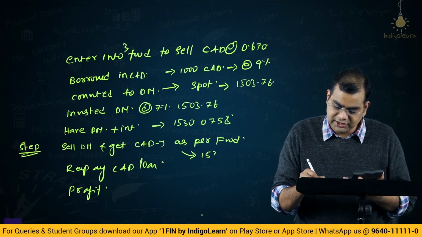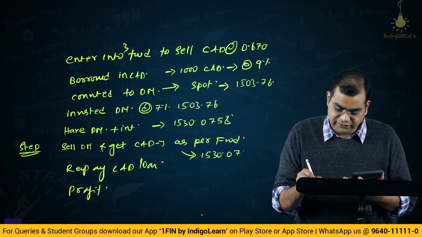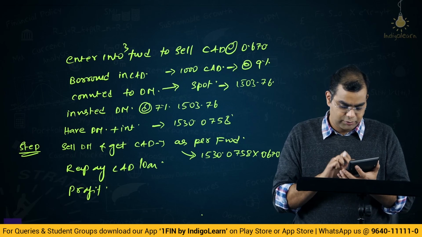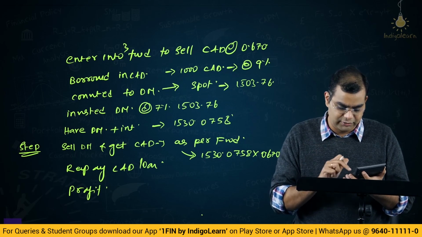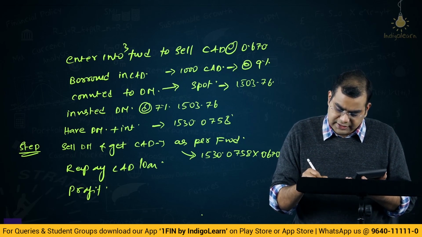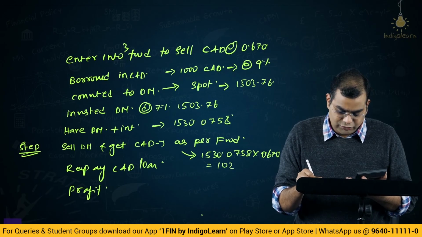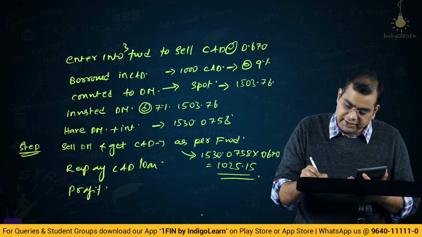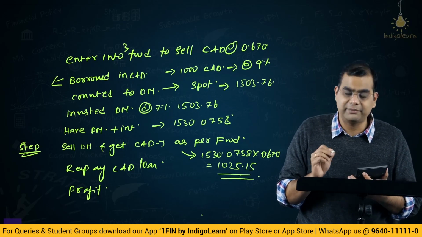Okay. Then you sell this DM and get CAD. So, 1530.0758 into 0.670, because that is what you entered into forward at. So, you will get 1025.15. This is the money that you will get in CAD terms. But here you borrowed CAD at 9% per annum.